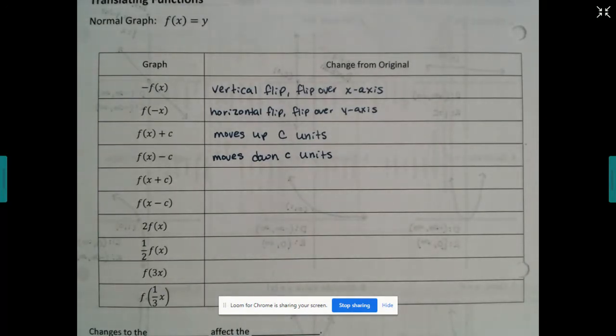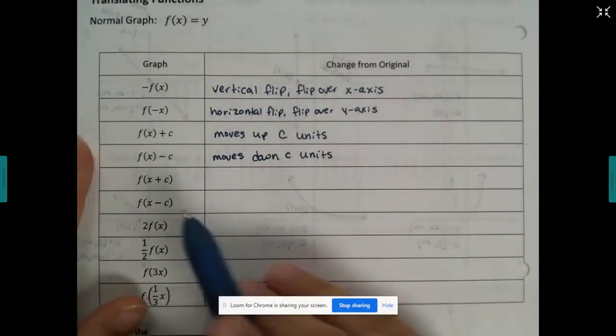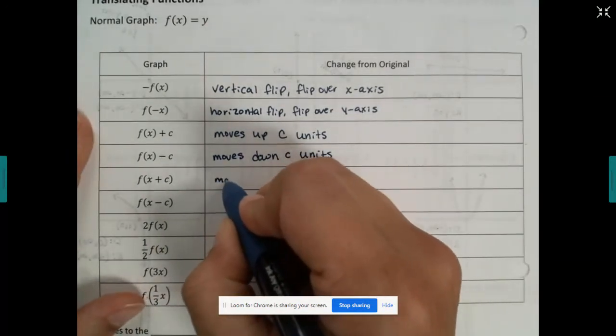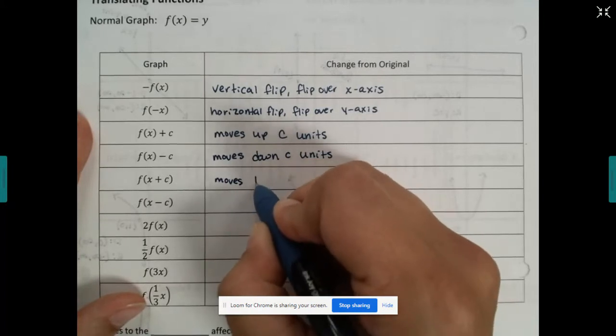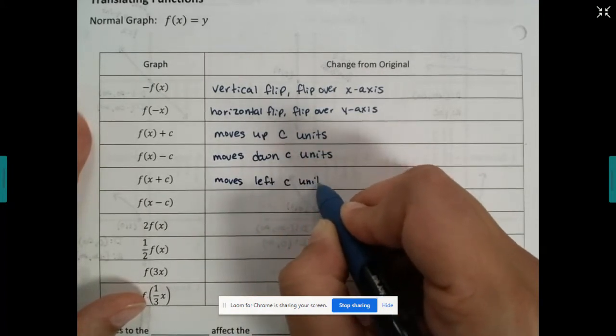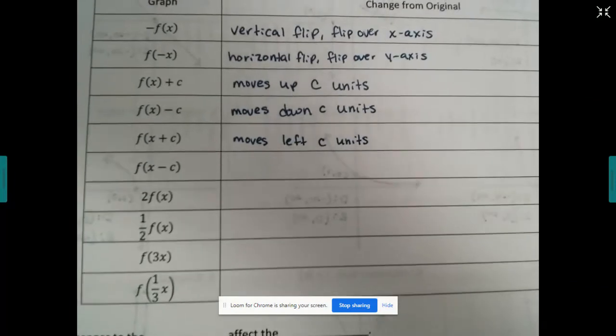So then if it's on the inside, like these next ones, it's kind of the opposite of what you would think. So instead of plus being to the right, plus is actually to the left. And anytime that you're inside, you're always thinking about it like it's the opposite.